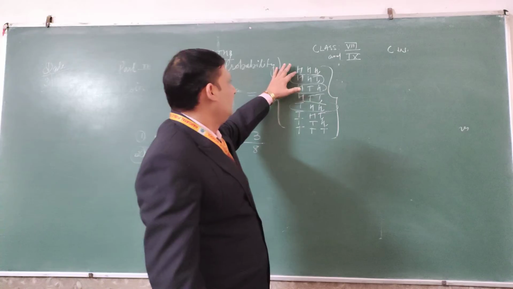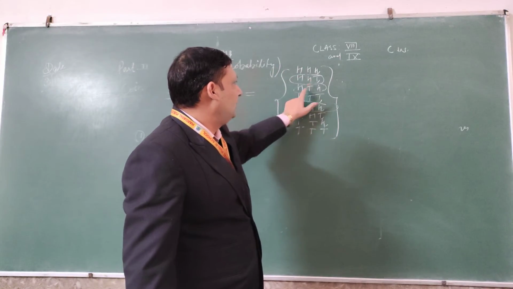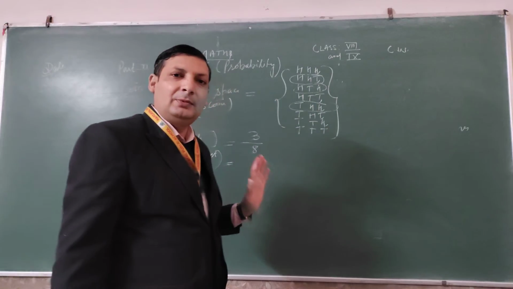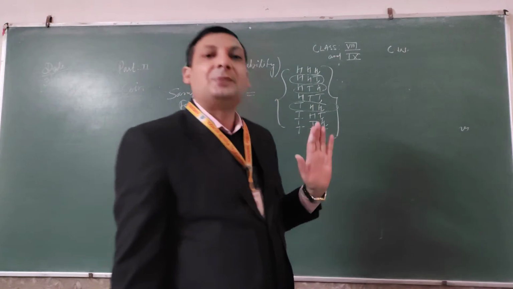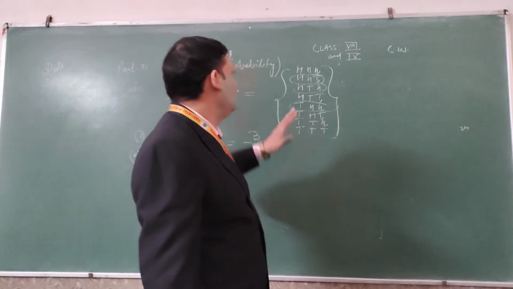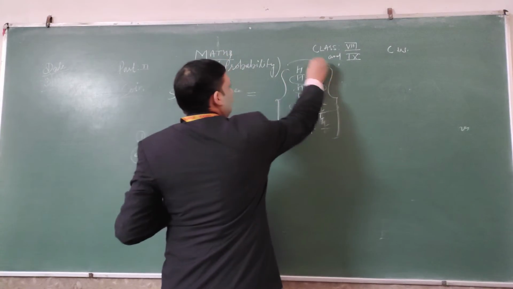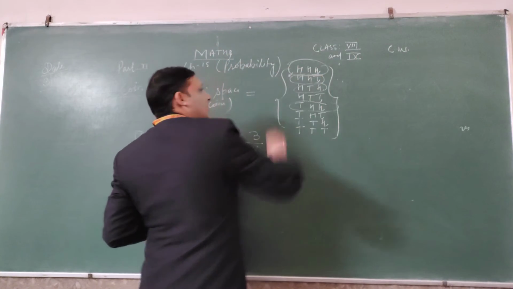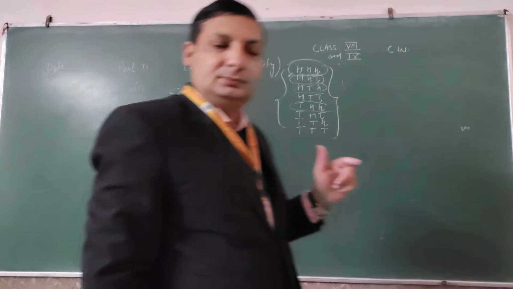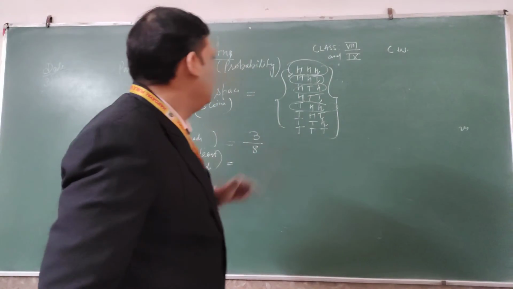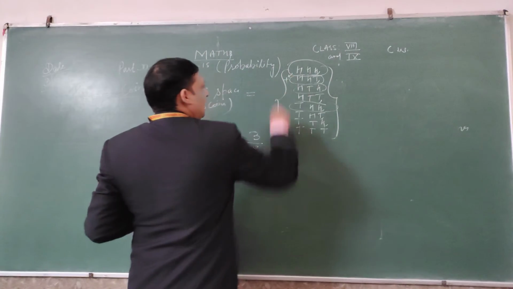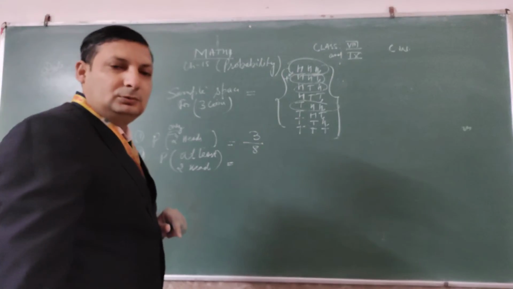So see, dear students, 2 heads are coming here, 1 time, 2 times, 3 times. Already we have found. At least means कम से कम 2 heads होनी चाहिए. So see here, in the first row there are 3 heads. It means 3 heads come after 2 heads. So we will count this also. We will add this outcome also.